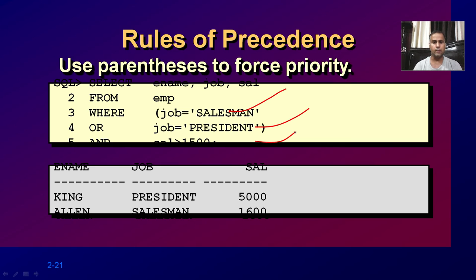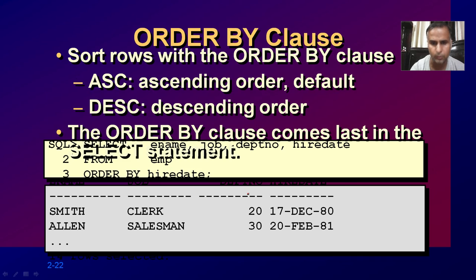This way we can get the result. So select ename, job, sal from emp where job equals salesman or job equals to president, and sal equals 5000, and we will get the result: ename King, president and salary 5000 rupees.